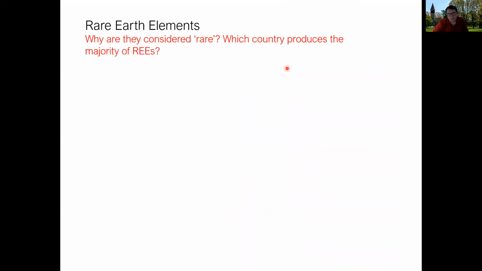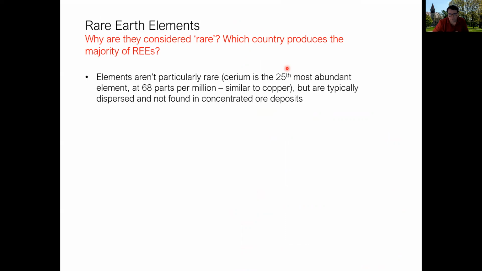As I alluded to earlier, rare earth elements are considered rare, which is a total misnomer. If you remember that periodic table and that graph of elements according to mass, they were pretty high, sort of in the middle range. The issue is that the rare earth elements are not concentrated in any ore deposits.